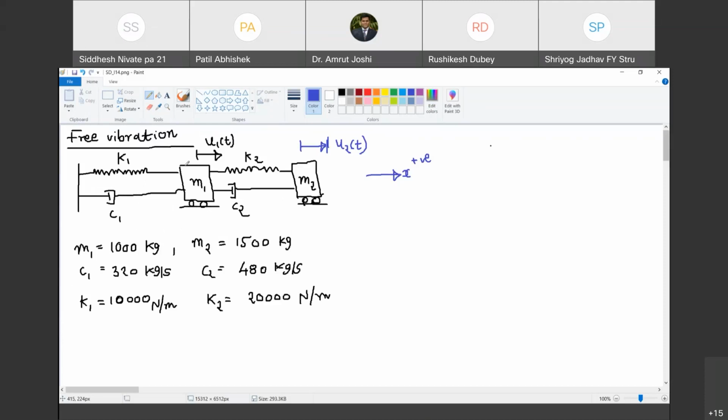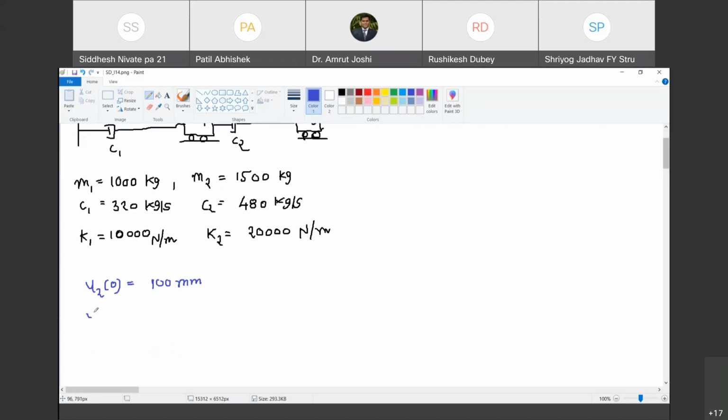And I need to analyze this system for free vibration. So I'm going to give you initial conditions. U2 of 0 is, let us say, 100 mm.